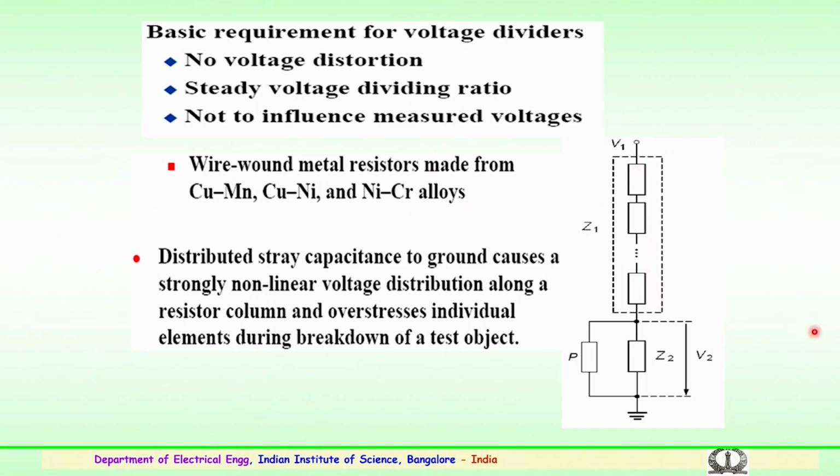And here the distributed stray capacitances, from the divider to metallic objects, to the tower, to the ground or any other source, have to be avoided. So, this stray capacitance to ground causes a strongly non-linear voltage distribution along the resistor column, and the individual elements, that is, the number of units which are connected, will be overstressed. So, we have to reduce this, and suitably the distribution should be uniform.